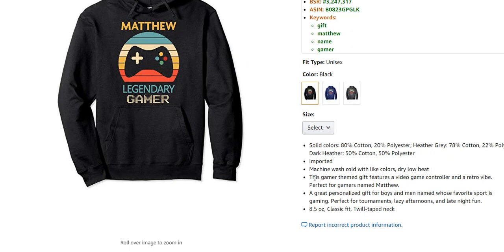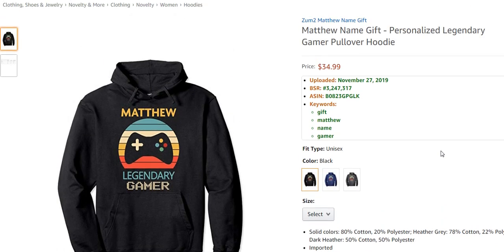Yep, they've included basically both points, and again they throw in gamer, gift, video game controller, retro vibe, which it actually does have, and then personalized gift. Personalized gifts are super trendy recently, so this kind of fits like the perfect example of what everybody should be doing.